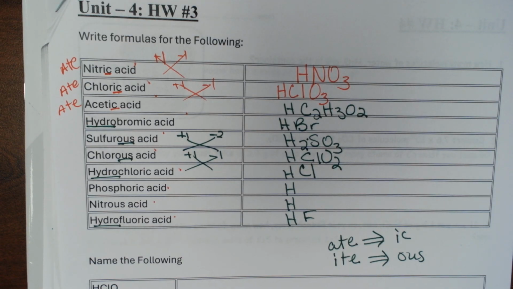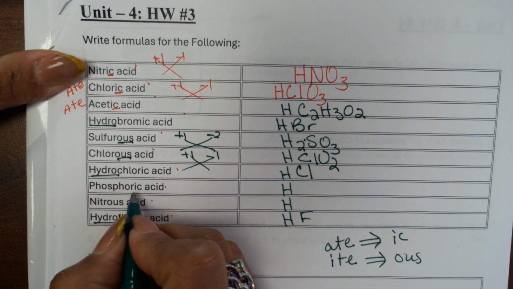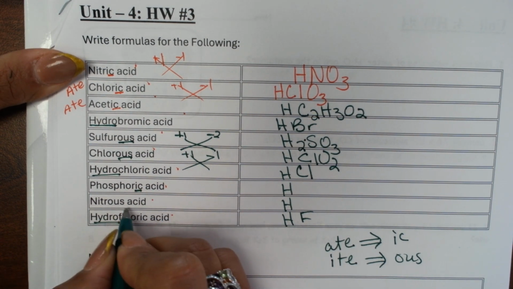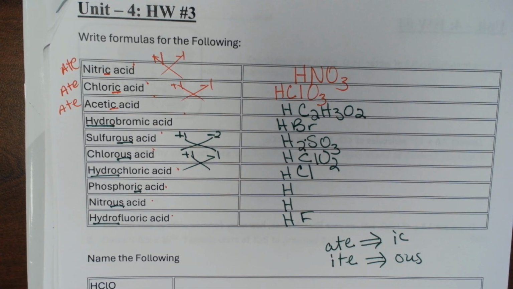The next one, we already did, but let's skip down. This one again, polyatomic. How do I know they're polyatomics? There's no hydro in the beginning. But even though it's an acid, it's going to have a hydrogen to start off with. So I come over here and look at the ending. I see an IC and an OUS.